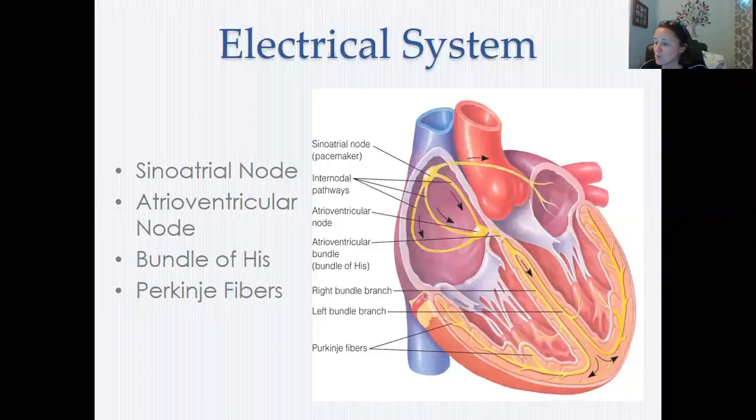All right, so what happens after the SA node? We go down into this bundle of His right here. It's pronounced His, not His. I don't know the reason for that, but that is how it's pronounced. So the bundle of His here is where it goes off of your atrioventricular or AV node.